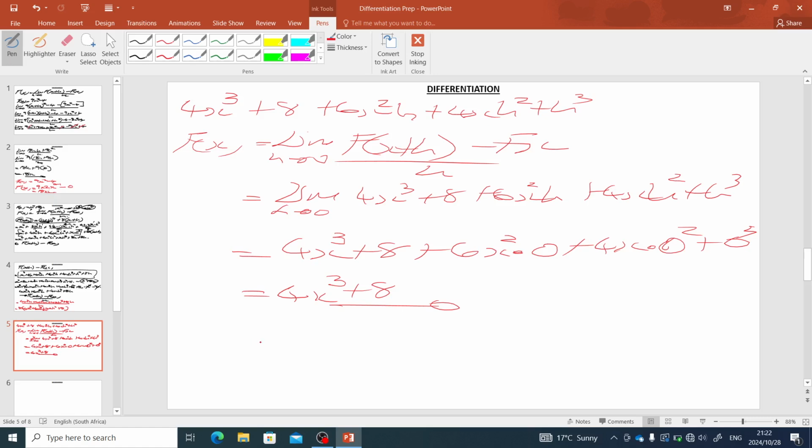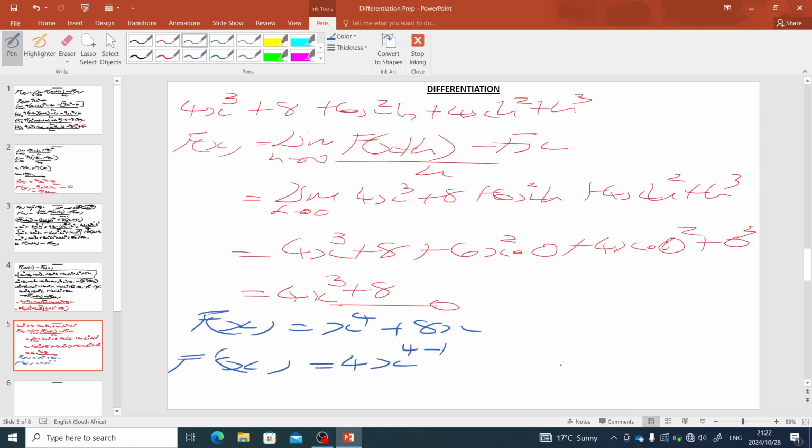Now it is easy to check if our answer is so. In checking, f of x equals x to the power 4 plus 8x. When you differentiate, it will be 4x to the power 4 minus 1 plus 8 multiplied by x to the power 1 minus 1.